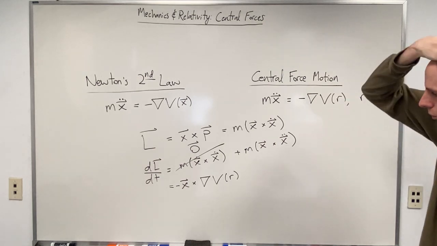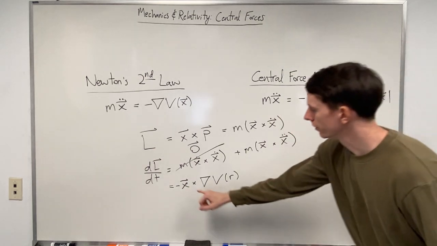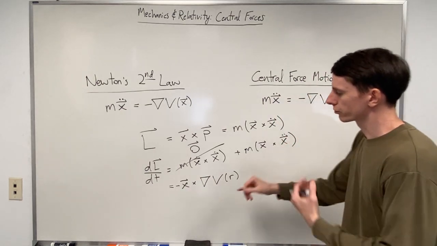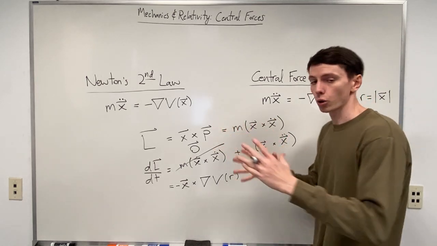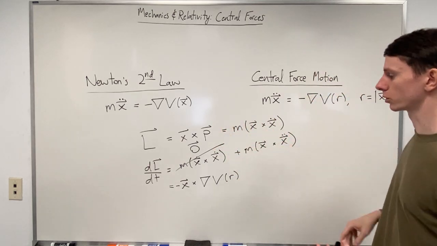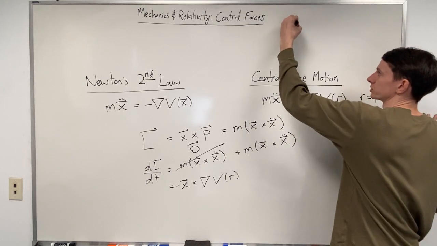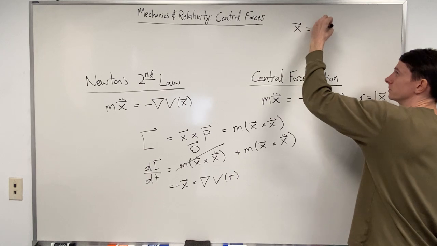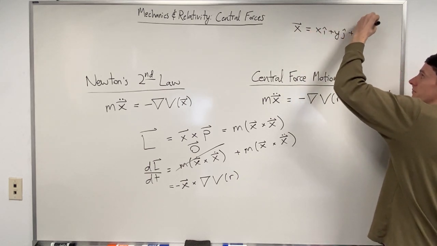And now at this point, we're just going to rewrite both terms in this cross product. The first term, this position vector right here, if we wanted to write it in a given coordinate system, specifically spherical coordinates, well, let's just start maybe quickly with Cartesian coordinates, right? If we were to write the position vector in Cartesian coordinates, it would be x times i hat plus y times j hat plus z times k hat, right?